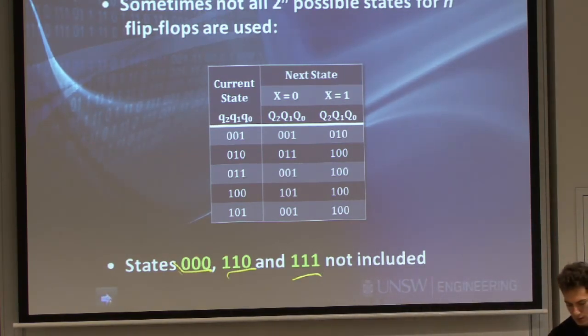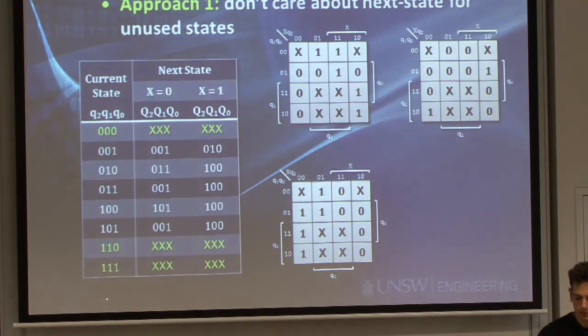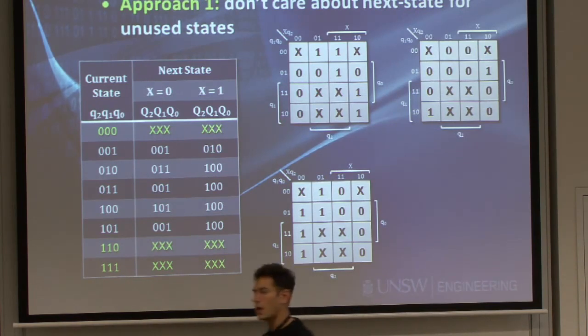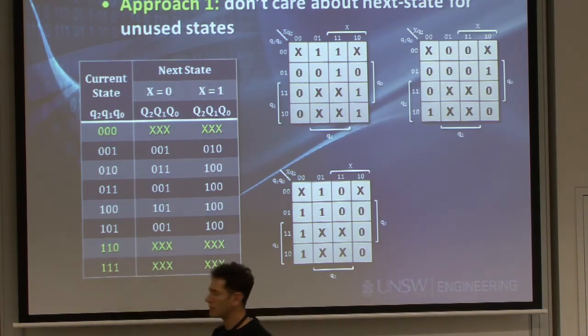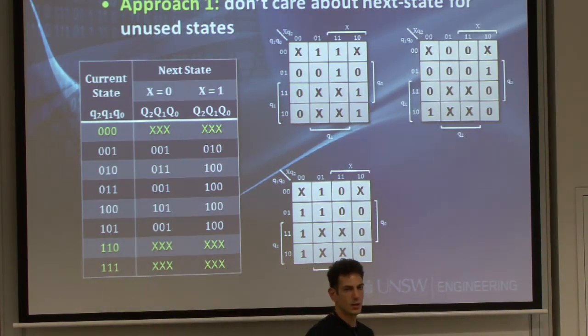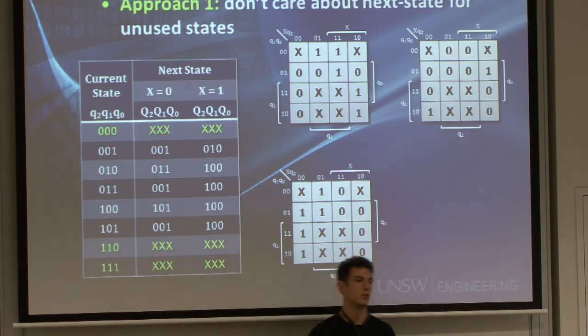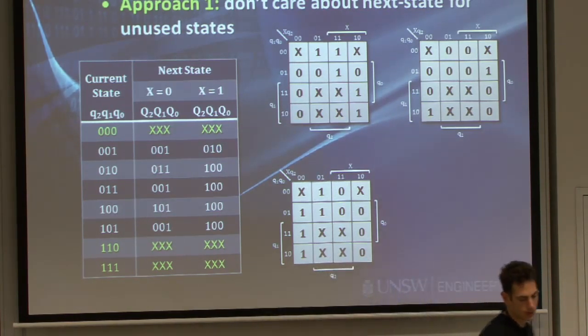Well, there are 2 approaches. One approach will say, well, I know that these states here will never be used. My machine will never actually get to them. I don't care what the next state is going to be from these states, because I'm sure my machine will never ever get there.